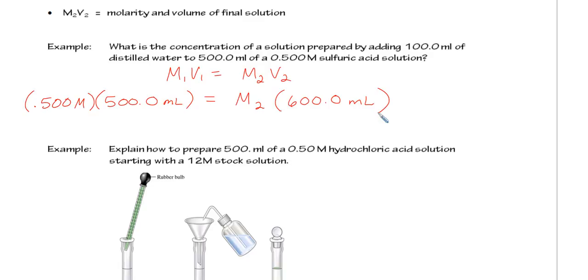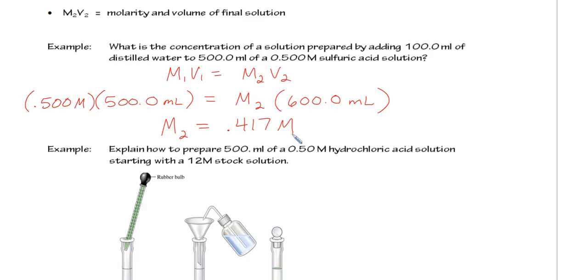All I have to do is plug this in my calculator. In this case, I've added water, so it should be more dilute. And the molarity goes down to about, let's say, 0.417. The original molarity was given in 3 sig figs, so I'll leave 3 in my final molarity.